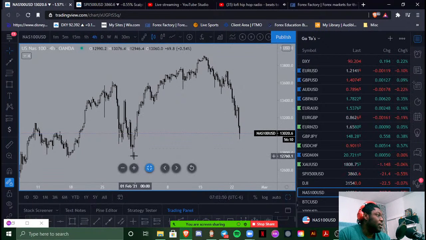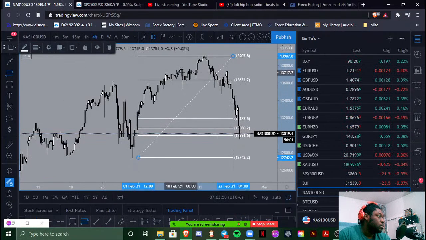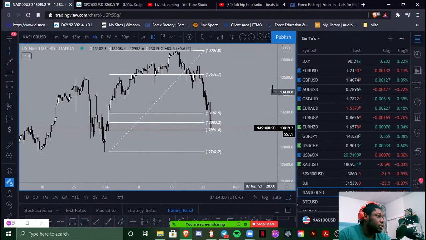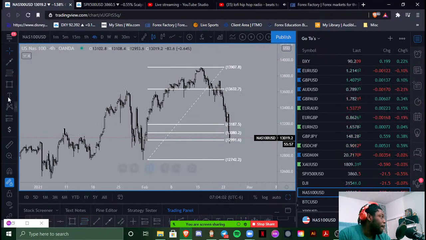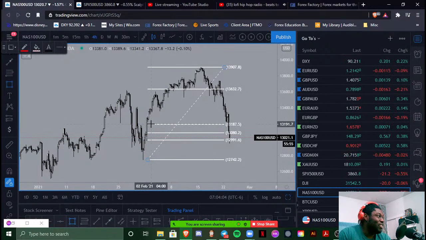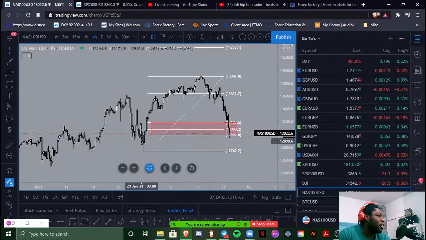But then if I'm looking at it from this low to this high, this looks like an awesome buy opportunity, right at the 78.6 zone. But again, it's been showing that this is very bearish and it's moving differently than the other US indices.